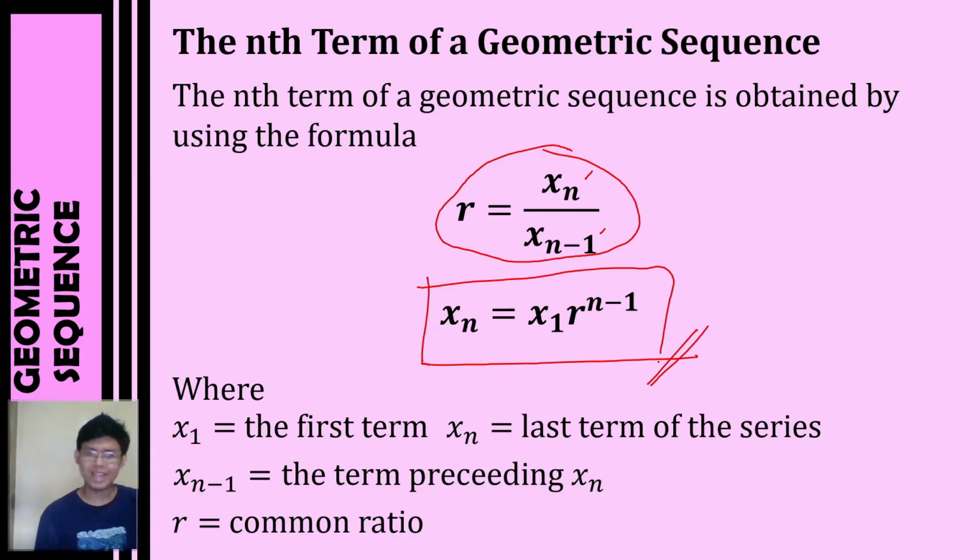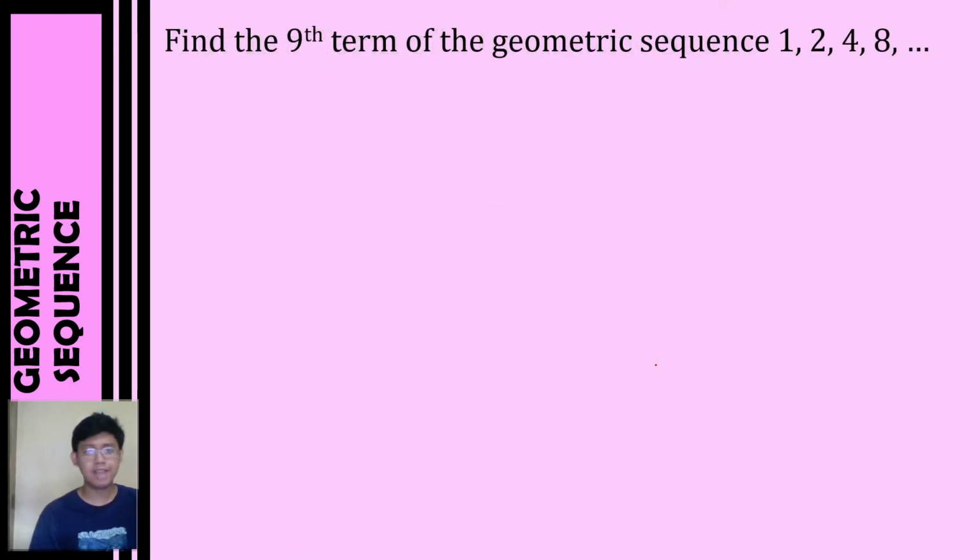Okay, let's have some examples. Let's have our first example for today. Find the ninth term of the geometric sequence 1, 2, 4, 8, and so on. So, we're looking for the ninth term of our sequence. Since this is a geometric sequence, we're going to use the formula x sub n is equal to x sub 1 times r raised to n minus 1.